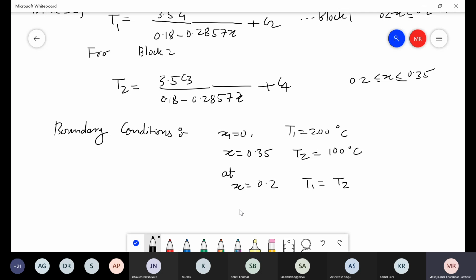And the fourth equation you require for continuity is K1 dt1 by dx equals minus K2 dt2 by dx at x equals 0.2. Okay, so you have four conditions and four constants. Find out the four constants.